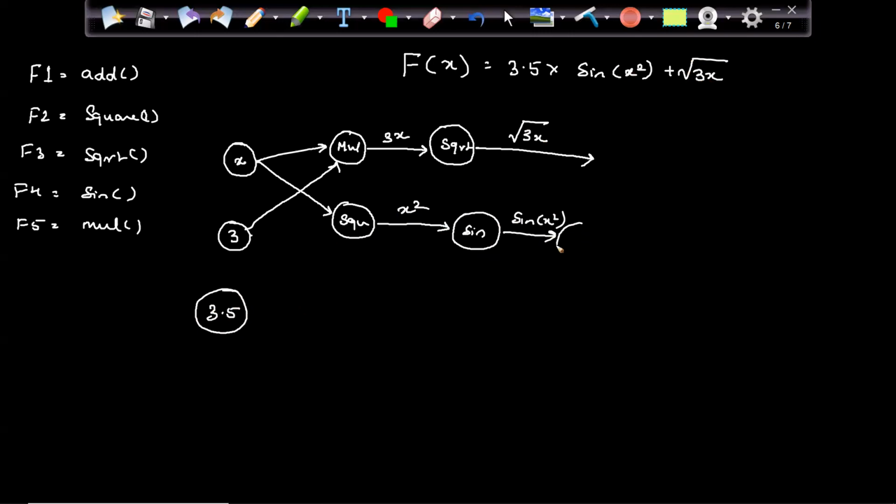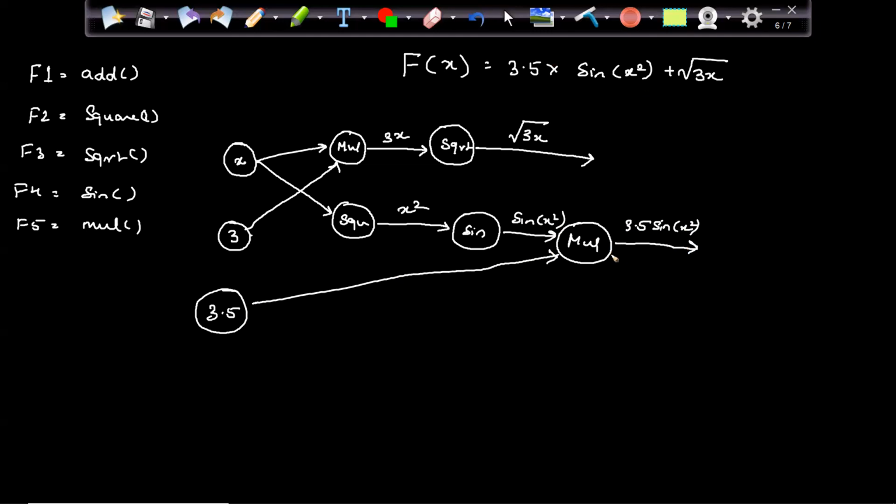This input will be connected with the multiplication neuron. Sine x square multiplied by 3.5 gives 3.5 sine of x square.